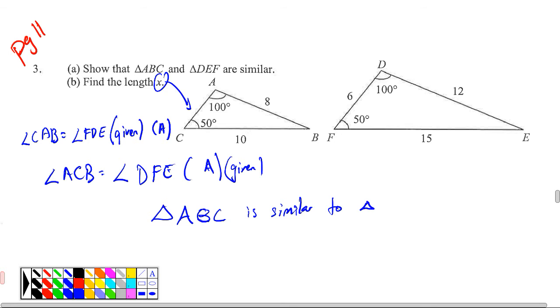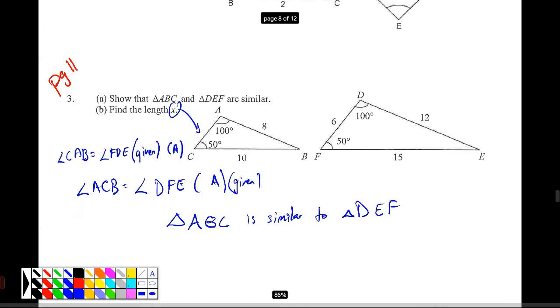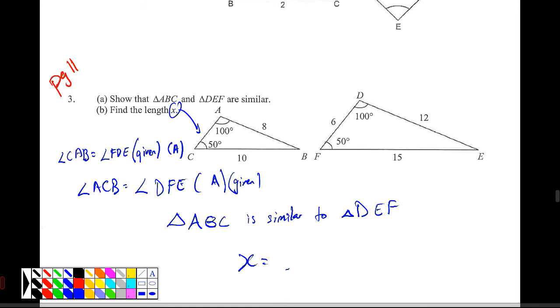X is 4. Correct? Okay. Turn over to the next page.